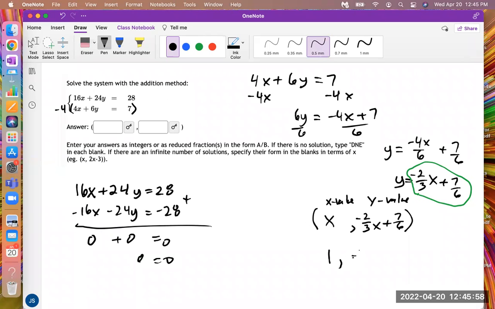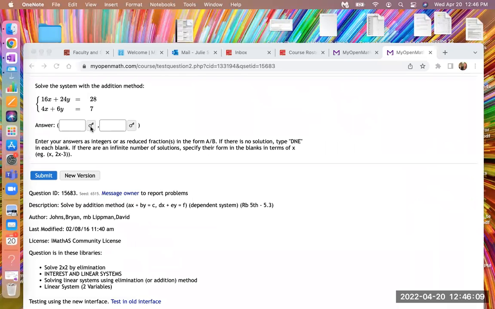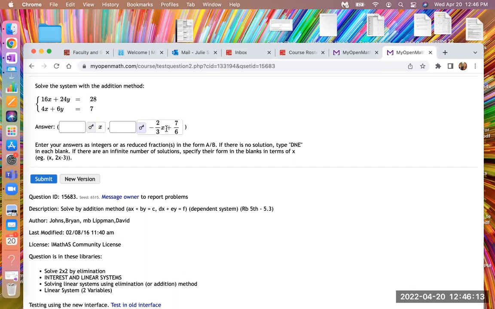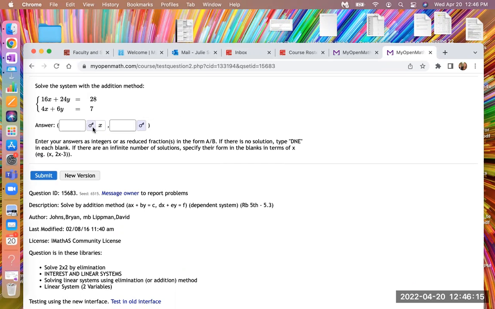So that's how you do it. And we could double check our answer. The first one is x, and the second one is -2/3 x plus 7/6. So exactly what we got. All right. Bye.